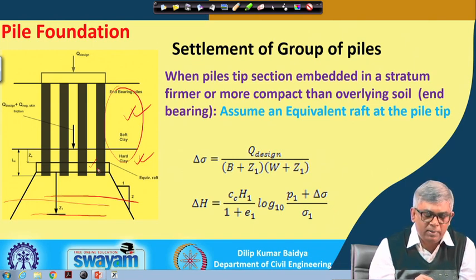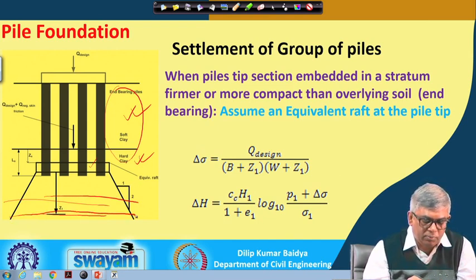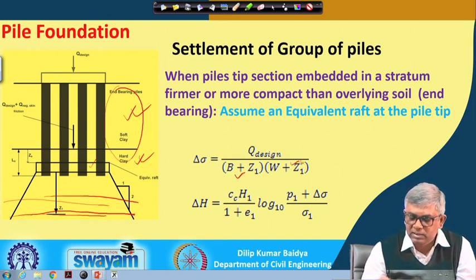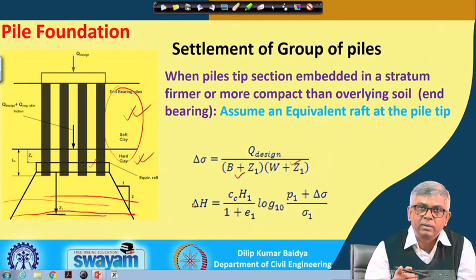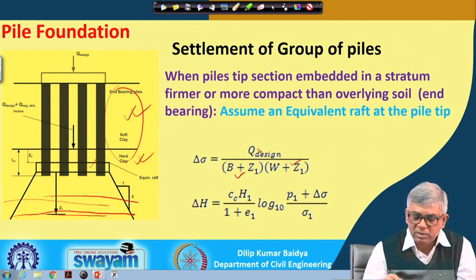After considering the equivalent raft here, by using a similar procedure, taking a dispersion of the load, 2 vertical versus 1 horizontal, we can find out the width of the footing at any depth. So, that is B plus Z1 and W plus Z1, like the way I have shown in the previous one, and based on that I can find out Q divided by area. That will be delta sigma.